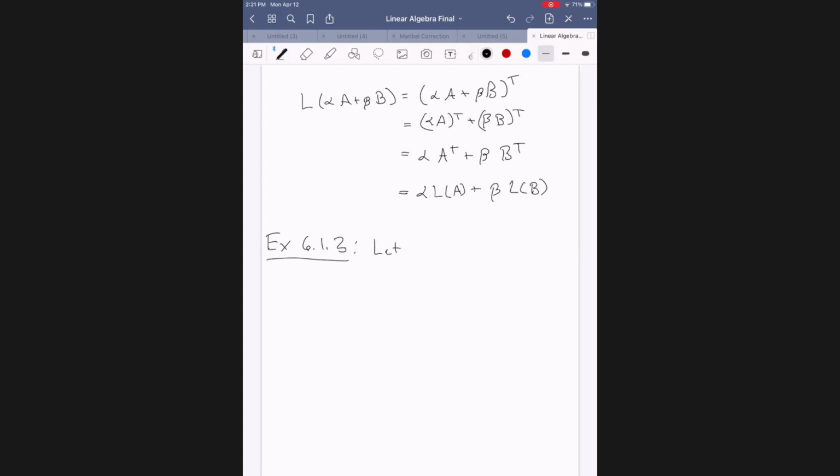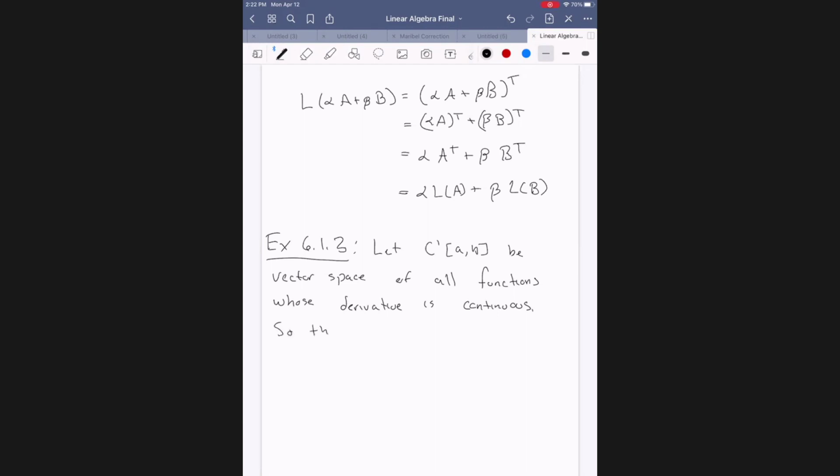Let C1 from A to B be the vector space of all continuous functions whose derivative is continuous. Like sine, right? Sine, taking a derivative, is cosine, that's also continuous.